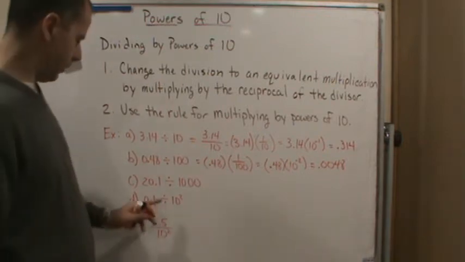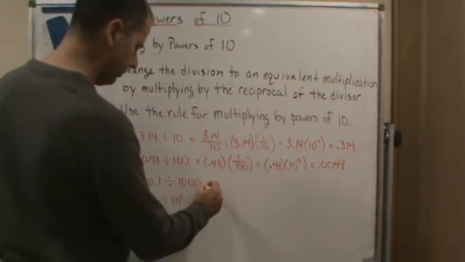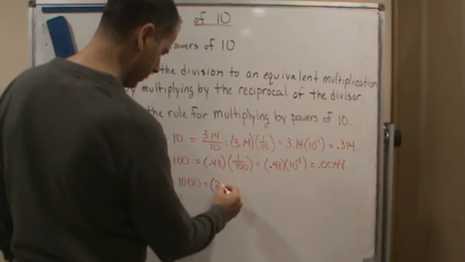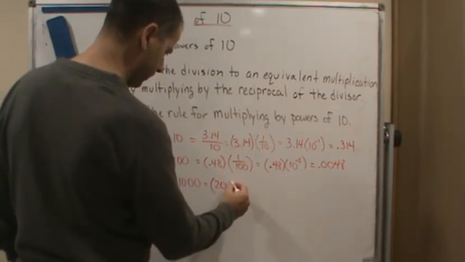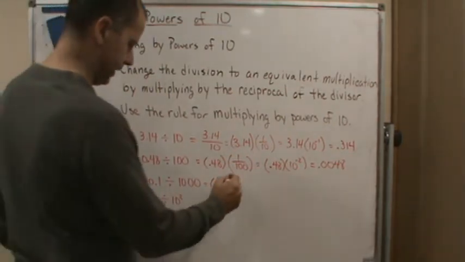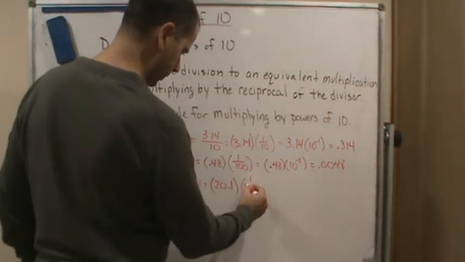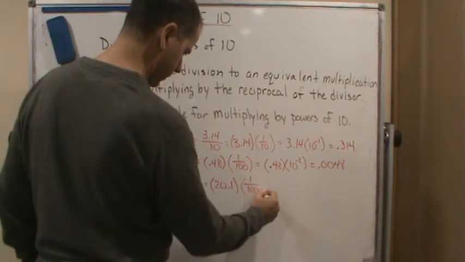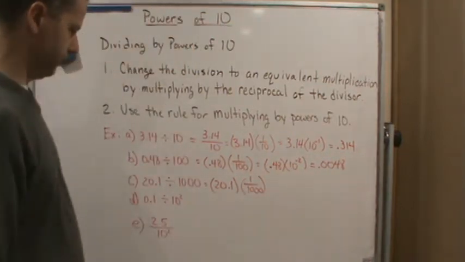Now, likewise, if we have 20.1 divided by 1,000, again, we can write this as the same as multiplying by 1 over 1,000, right?